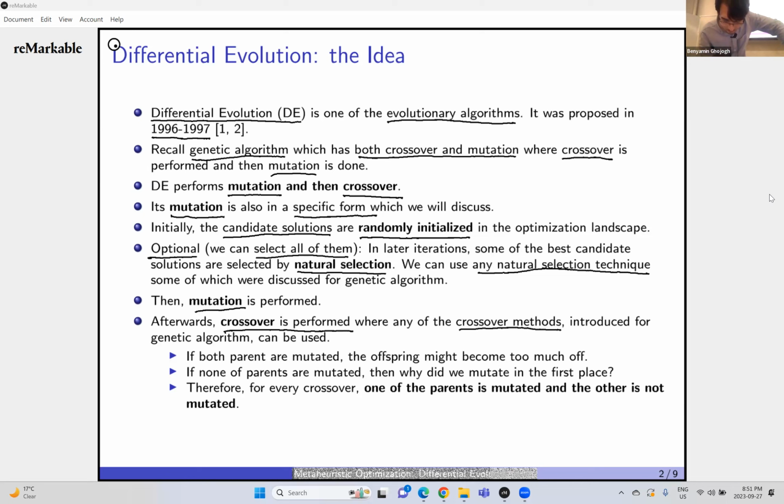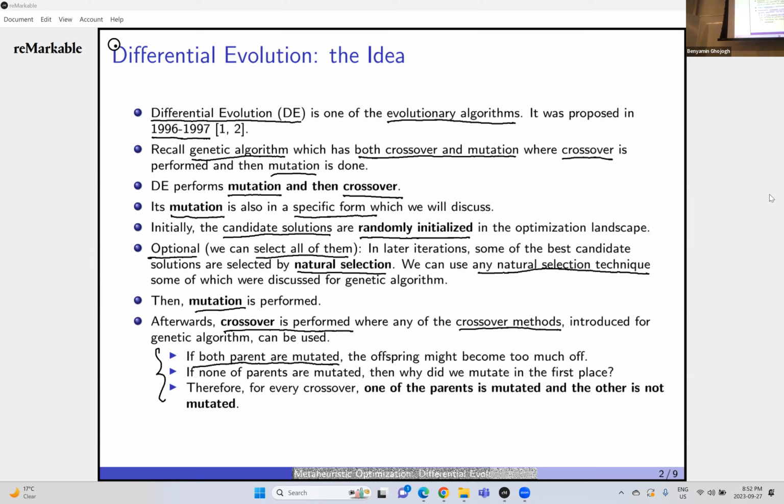Let's have a discussion here. Because here we are doing crossover after mutation, in contrast to genetic algorithm, where we cross over and then mutate, here we mutate and then cross over.